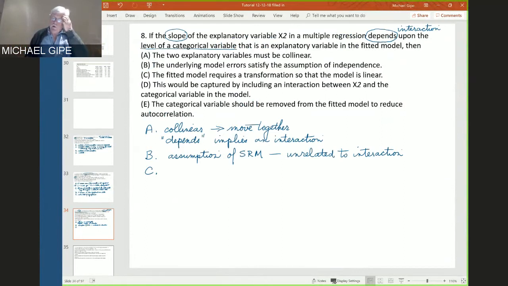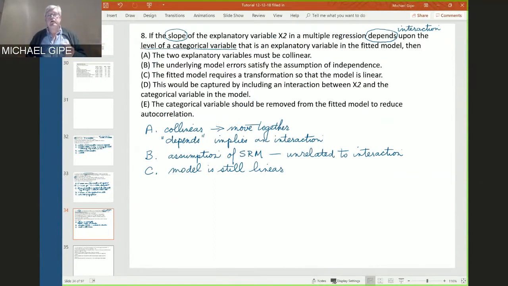How about C? The fitted model requires a transformation so that the model is linear. Well, the model is still linear with an interaction. We tend to think of these two variables being multiplied together. If you went through OIDD, you'd say, okay, that's a nonlinear model.